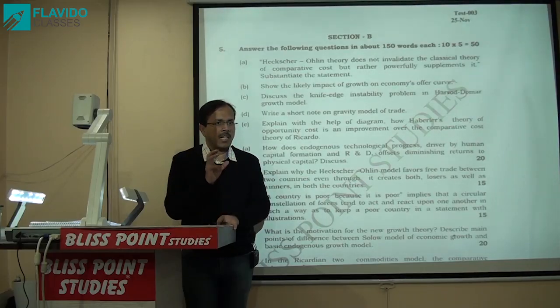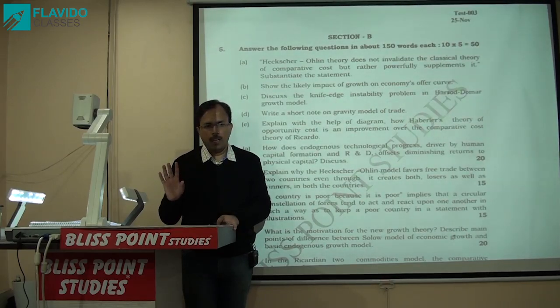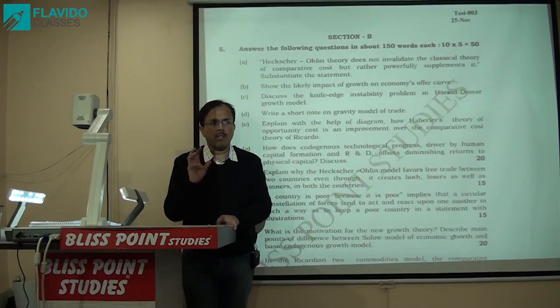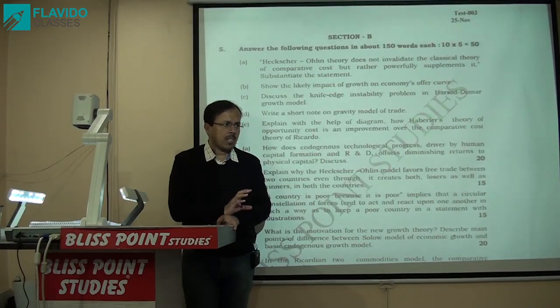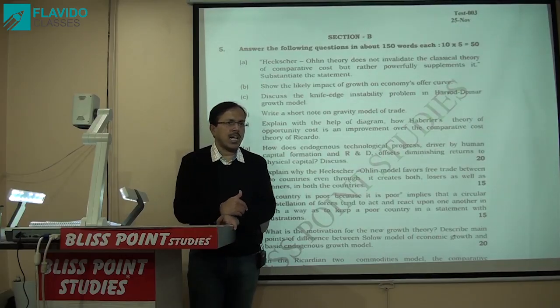So comparative cost advantage of cloth will lie with the home country provided for the home country opportunity cost of cloth is less as compared to opportunity cost in the foreign country. And how you calculate that opportunity cost is not required in that question, but simply that first line has to be very specific, that as per the comparative cost advantage theory, our economy will have comparative advantage in that line of production for which its opportunity cost is lower in that country as compared to the other country.